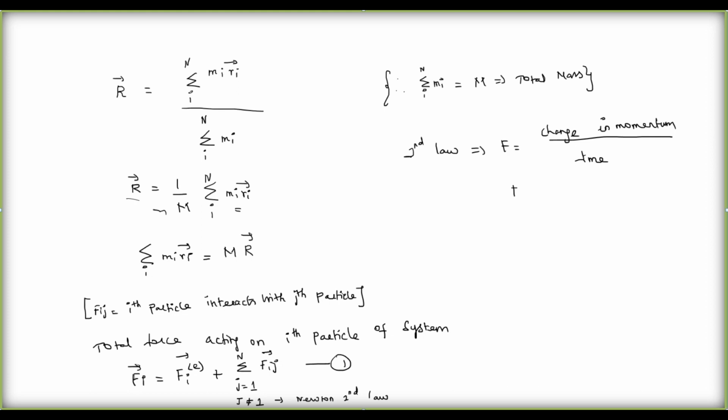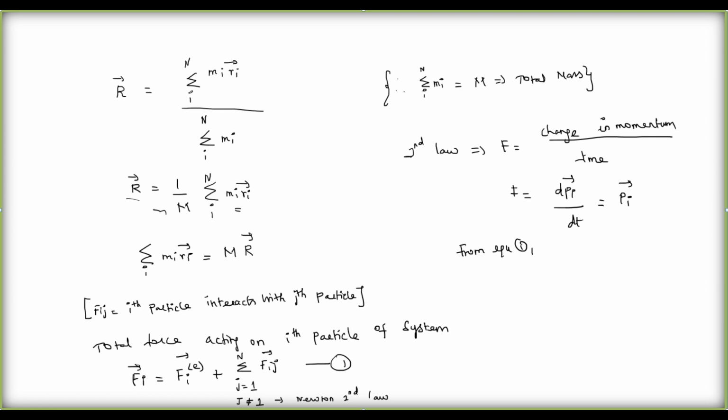The force F is equal to dpi vector divided by dt, which can be written as pi dot vector. From equation 1, how to write it?